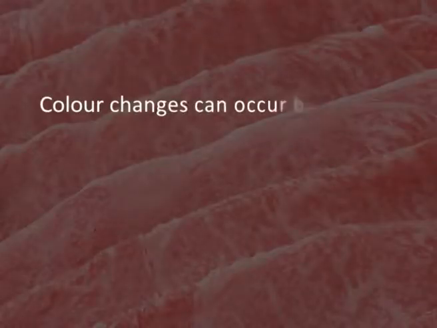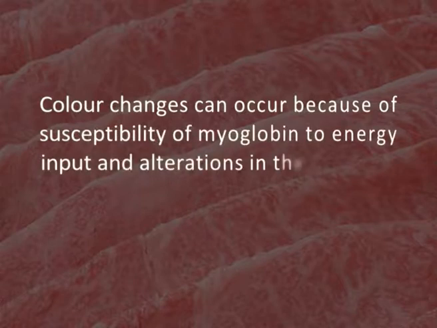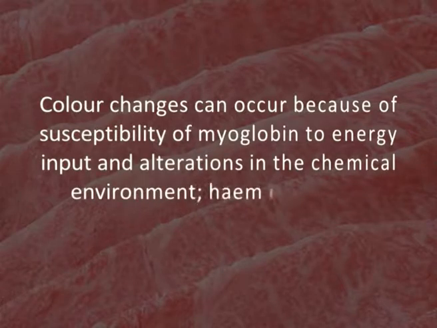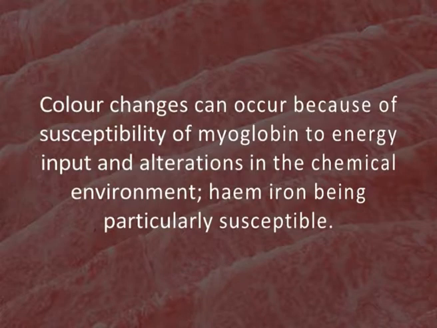Color changes in irradiated meat can occur because of the inherent susceptibility of the myoglobin molecule to energy input and alterations in the chemical environment, heme iron being particularly susceptible. Radiation treatment resulted in essentially no loss of thiamine, one of the least stable vitamins, therefore suggesting that such radiations had no detrimental effects on these nutrients.